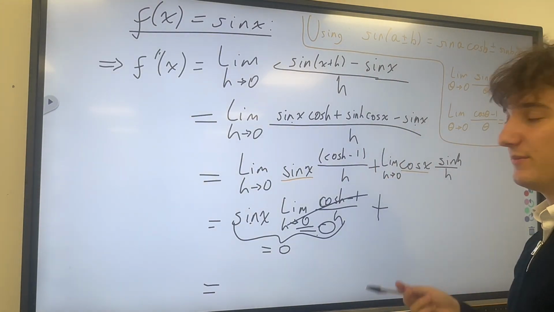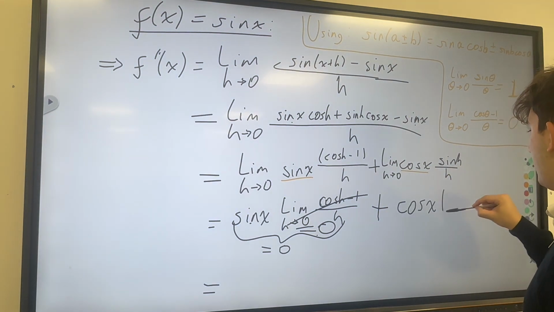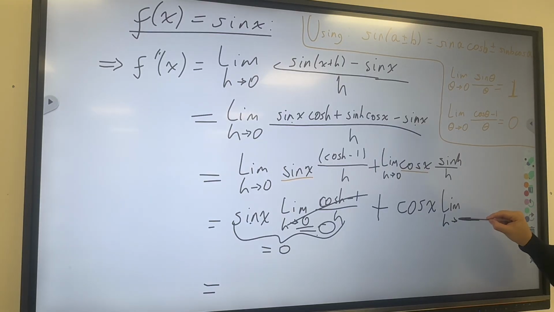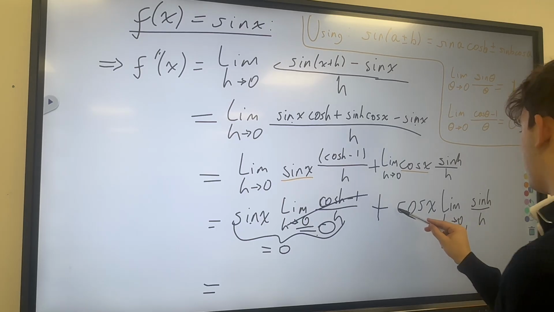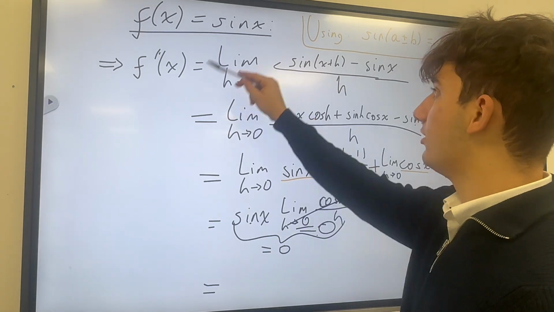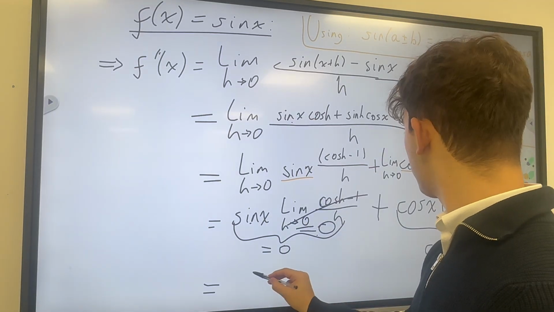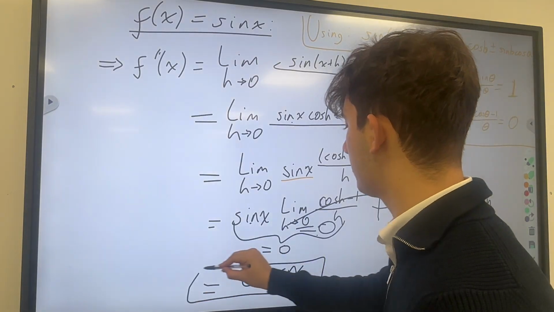Now plus the second limit, well, times cosine X obviously, and then the limit as H goes to 0 of sine H over H, which I'm sure you'll recognize just the same. If you replace H with theta, you get what's up here, and that equals 1. So that means cosine X times 1 is just going to give you cosine X. And so our f prime of X, our first derivative, is just cosine of X.